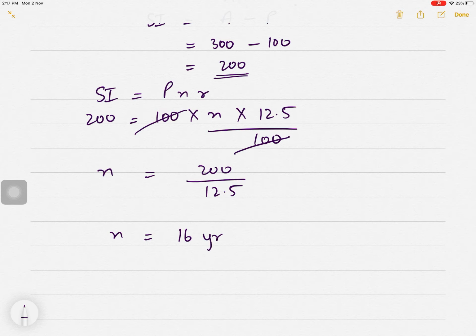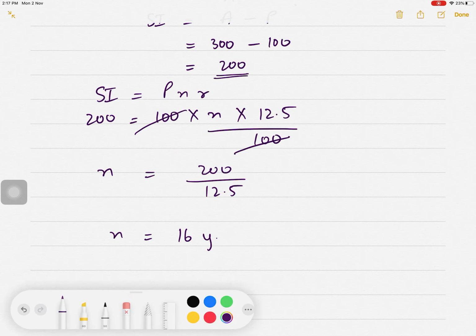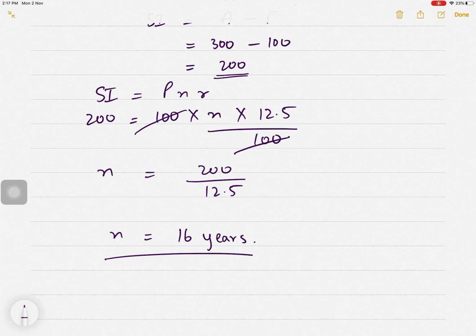So that means 16 years. So N is equal to 16 years. Okay. Now let's see the next question.